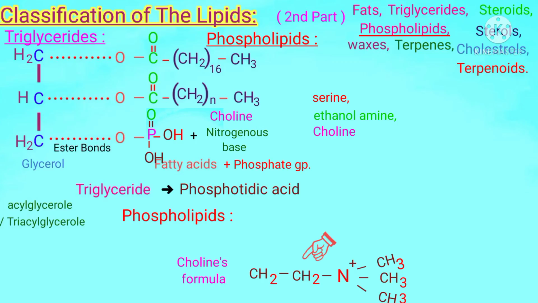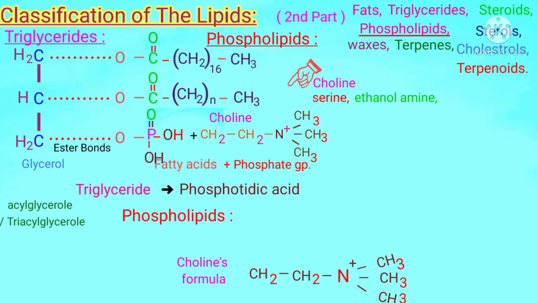So smaller and umbrella 3. As N has 4 bonds, it is given a positive charge. CH3 is named umbrella. Now we write smaller and umbrella 3, the formula of choline, here at the place of the nitrogenous base.